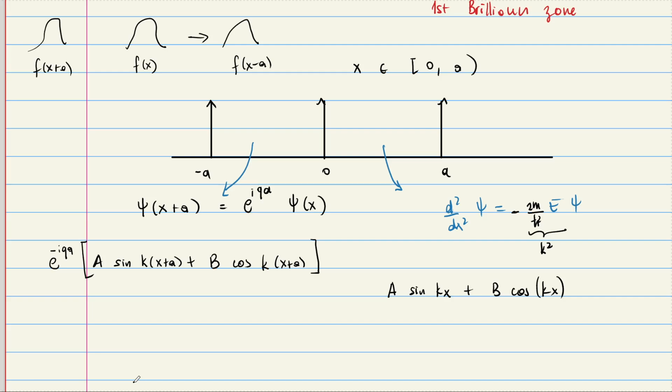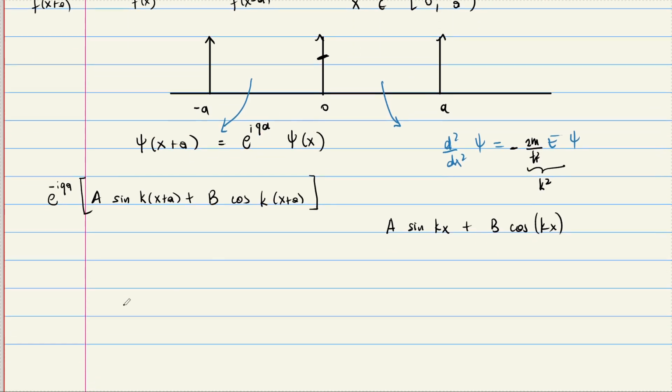Now we need to match these two solutions, and we need to match them here at x equal to 0. There are two things we need to consider. At x equal to 0, psi is continuous, right? Psi should be continuous.